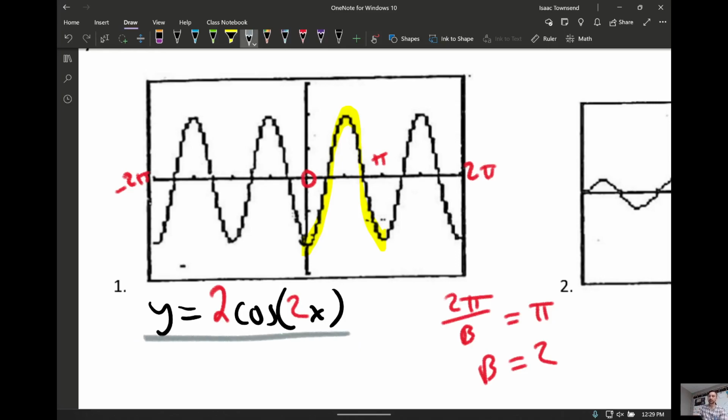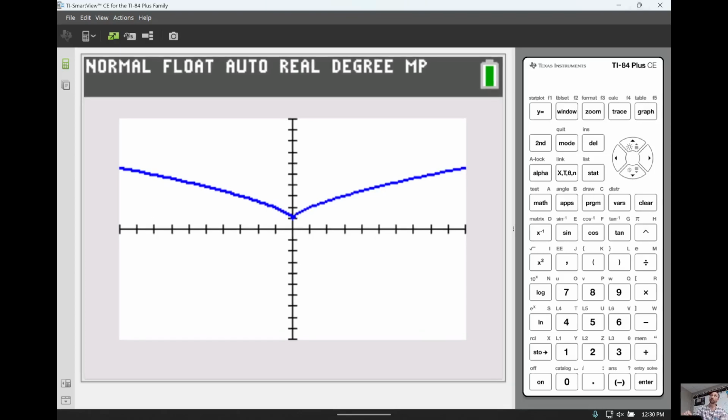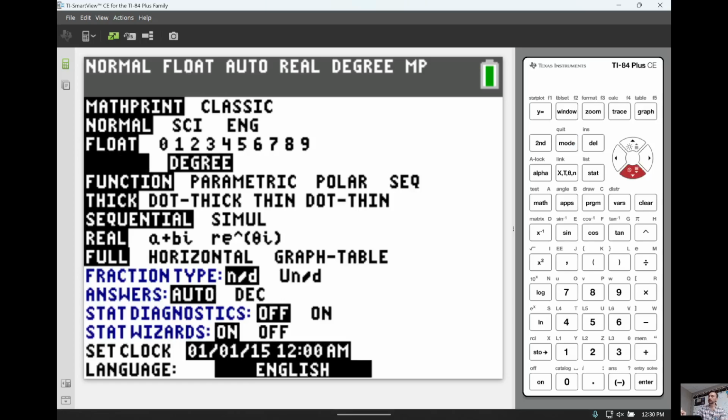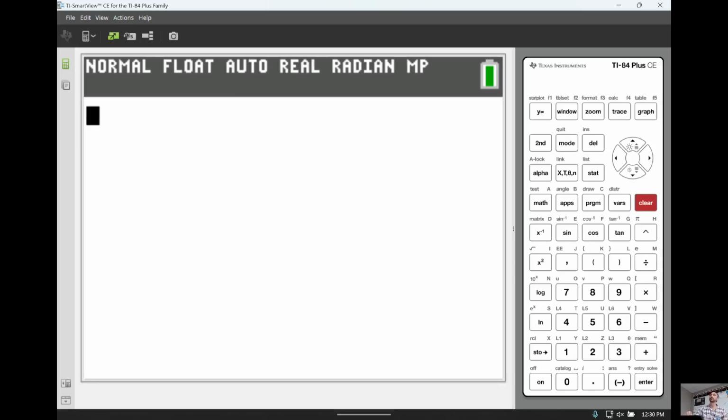But to graph this in your calculator, you've probably never had to do this before. So in your calculator, you will need to be in radian mode. Sometimes if you forget, your calculator tries to adjust, but you really need to be in radian mode.